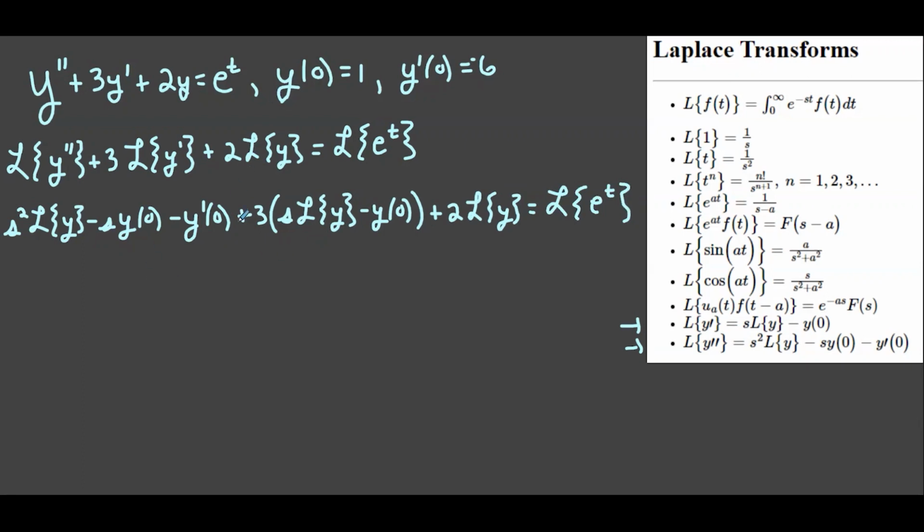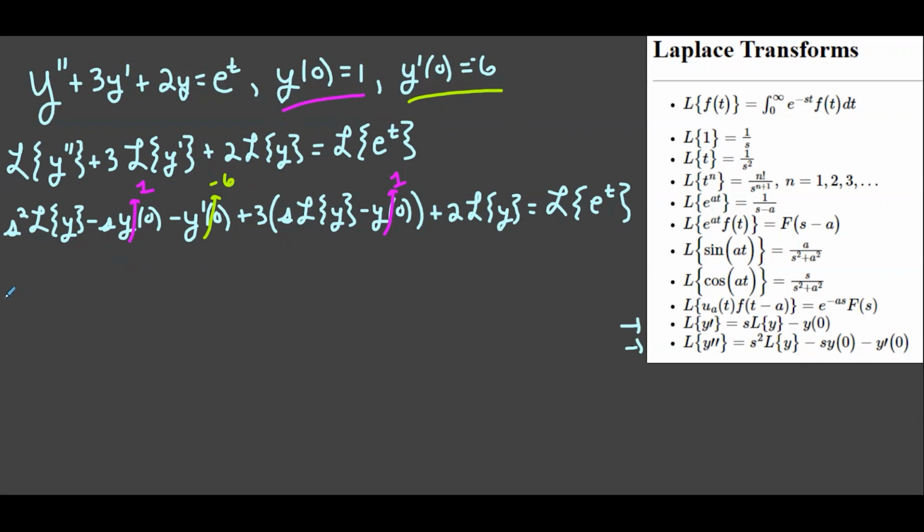All right, so now I'm going to take care of my initial values. So anywhere I see a y of 0, I'm going to replace that with 1. Anywhere I see a y prime of 0, I'm going to replace that with -6. So now I'm just going to simplify.